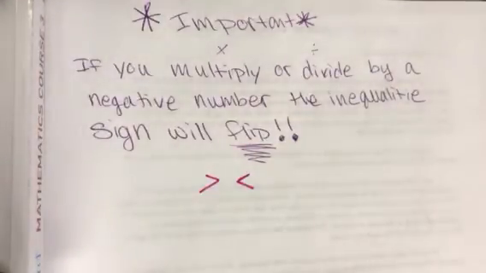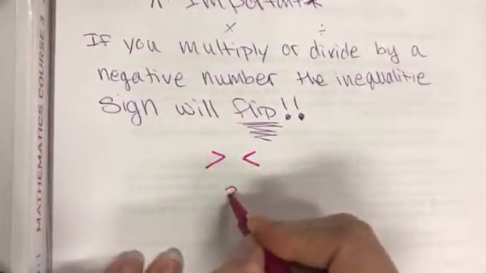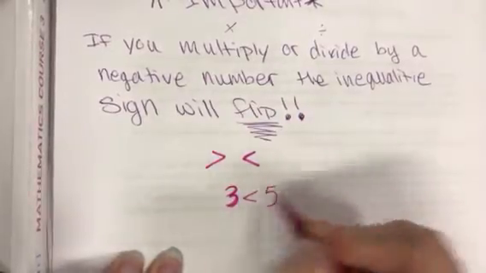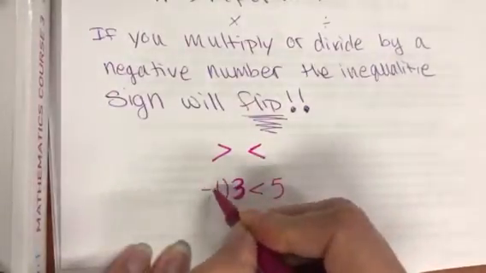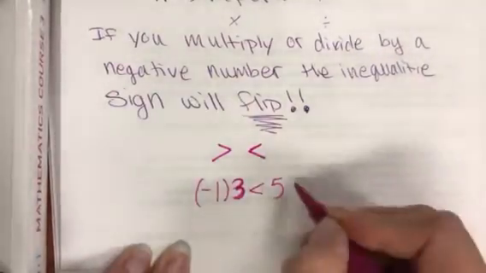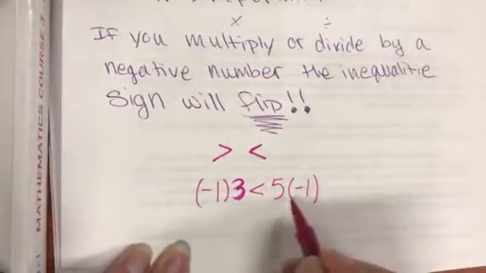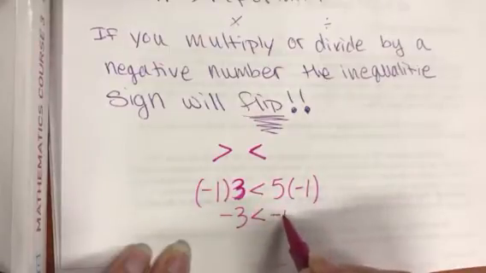Okay, in case you're wondering why do we have to flip it? We all know 3 is less than 5, right? However, if I decide to multiply this by a -1, whatever you do to one side, you do to the other. When you multiply by a negative, that gives me -3 less than -5.